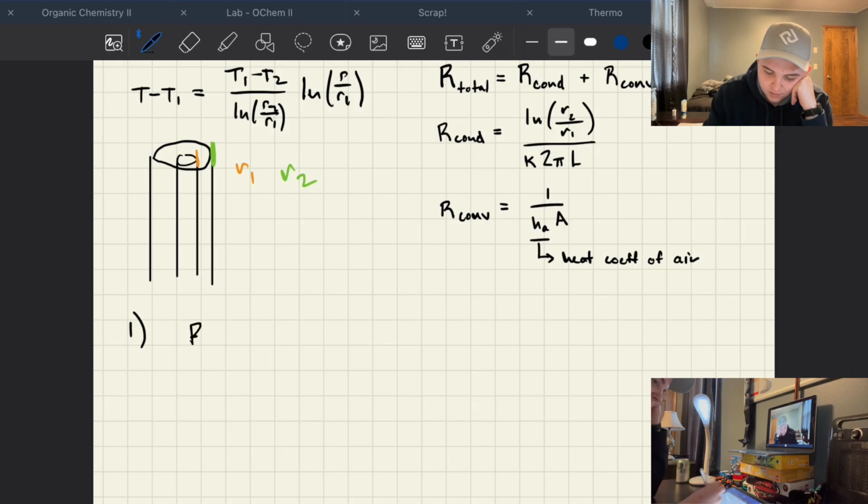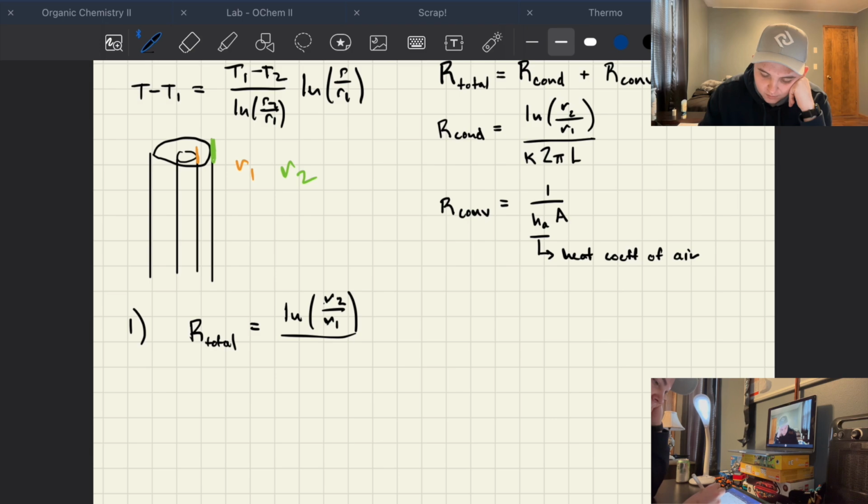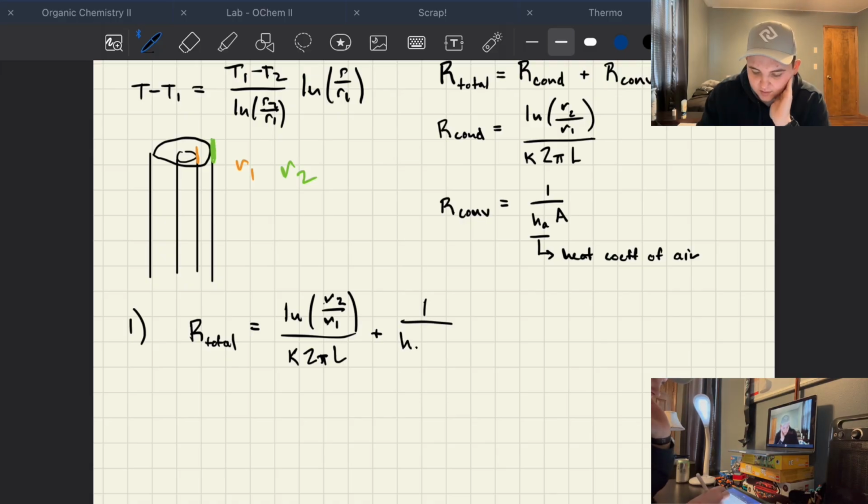So our R total will be equal to natural log of R2 over R1, over our area, well, K, and then our area 2 pi L. And then we have to add our second part over here, which is also our area, so HA, and then 2 pi R L again. Well, R2, that is.